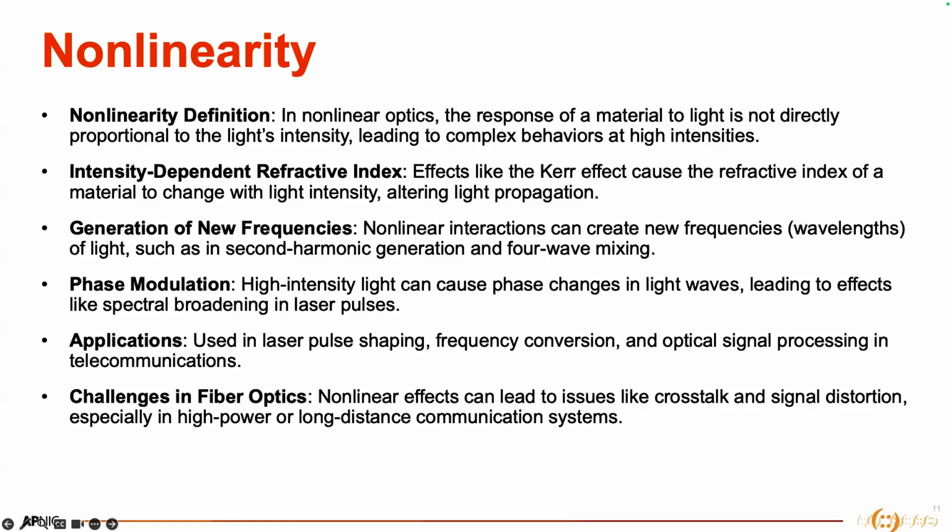It can be cross-phase modulation. It can be four-wave mixing when there are multiple sources of light. So two or more sources of light can come up with a completely new wavelength or new frequency of light at the receiving end, which actually was not intended. So that kind of thing might happen.